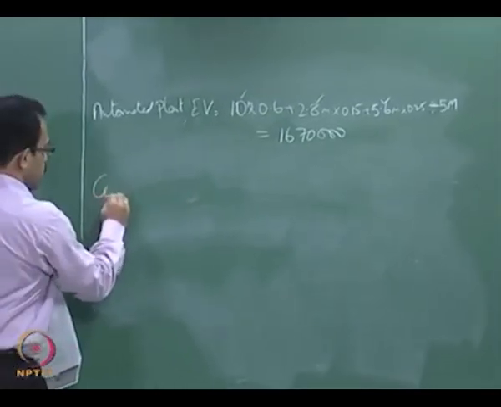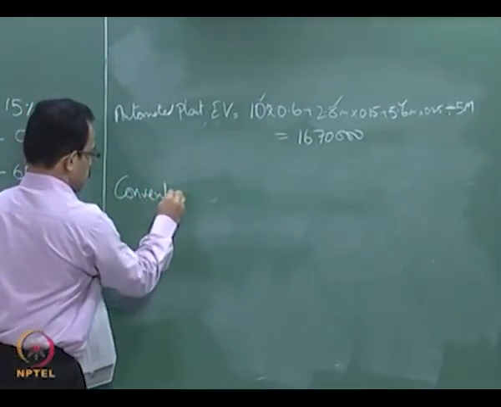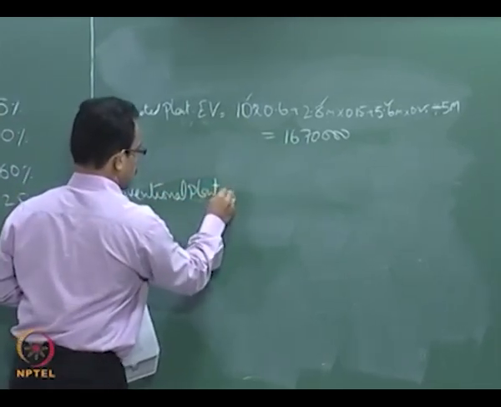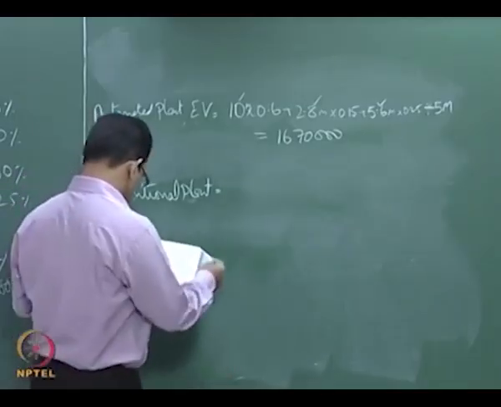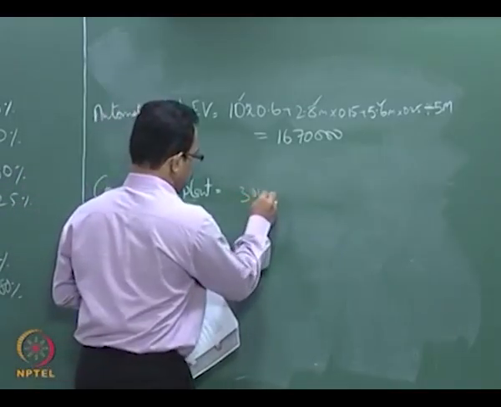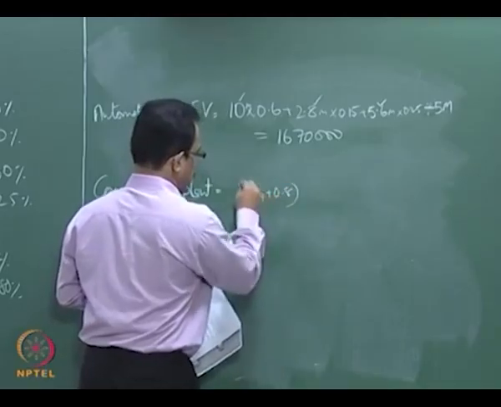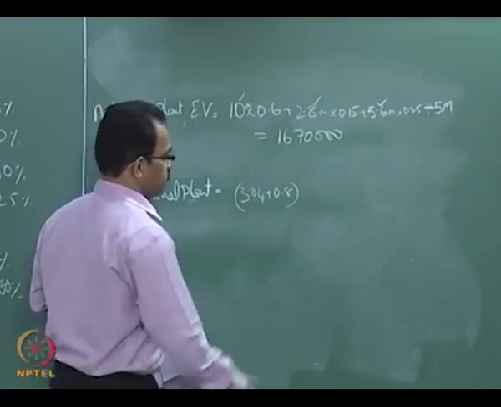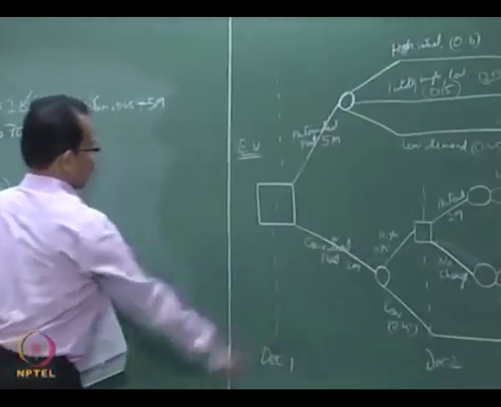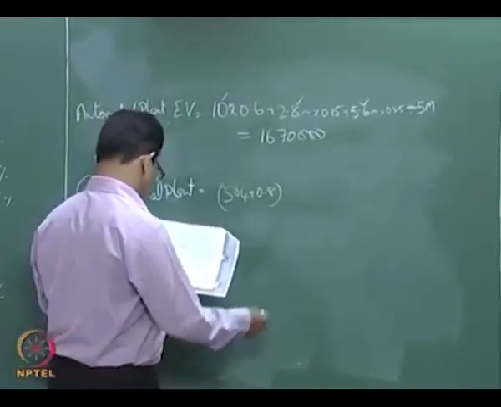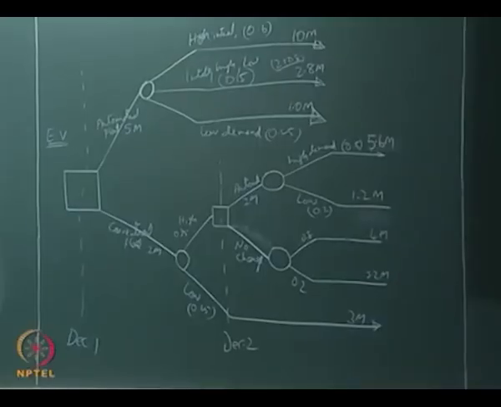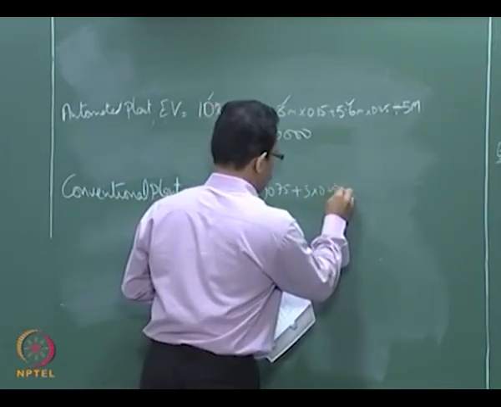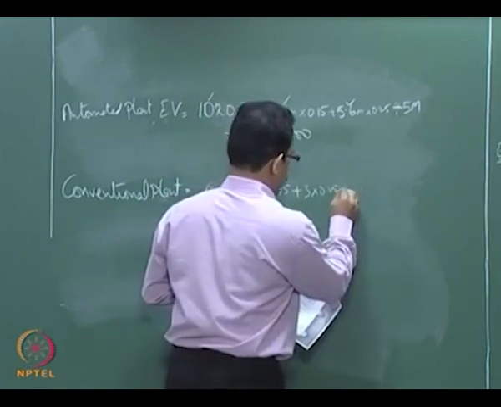Similarly for the conventional plant, the expected value will be 3.04 plus 0.8, because we have 2 years of revenue plus the other revenue. For the first 2 years you will have this revenue and then the other revenue. So 3.4 plus 0.8 multiplied by 0.75, plus 3 into 0.25, minus 2 million.